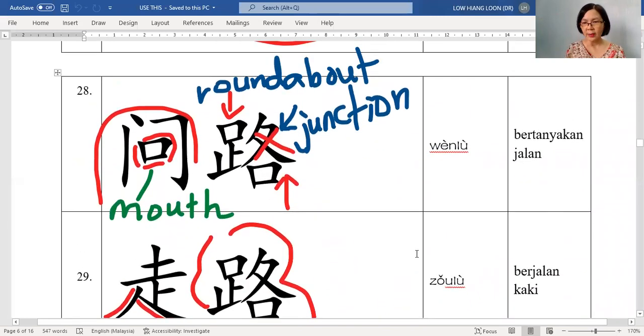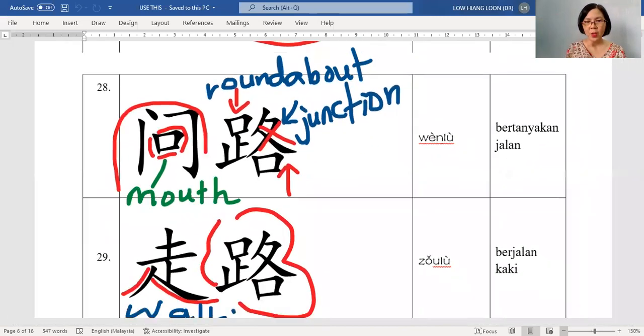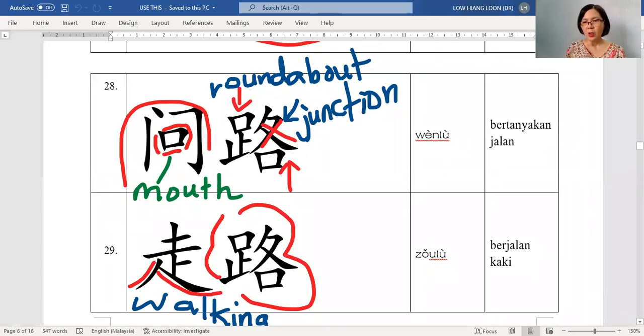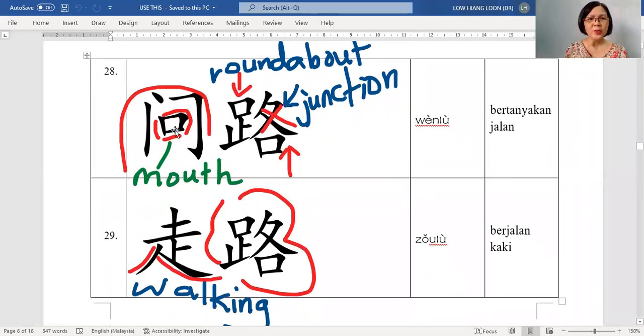I should make this smaller a bit. You see the mouth. The first one, the mouth is covered by something. When you are eating, do you want to cover your mouth? Do not want, right? But if 老师 or Papa Mama ask you to go and ask something, you know, so many people feel so shy to ask.